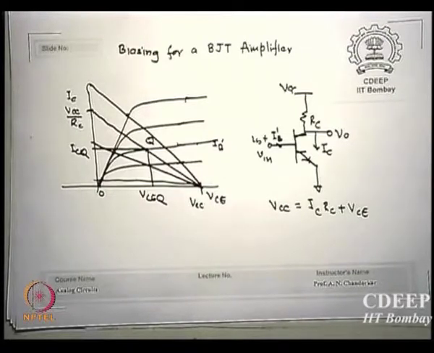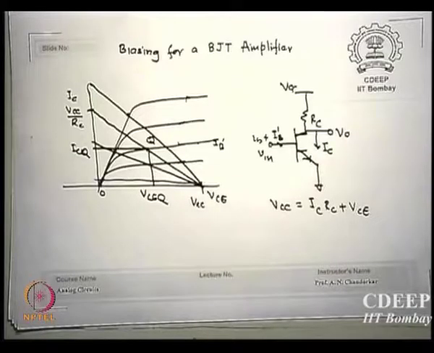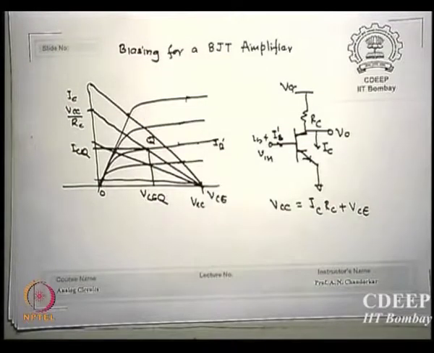So the choice of RC must be such that this VCEQ should be roughly, I should not say exactly, but roughly half of VCC. It need not be exactly VCC by 2, but if you keep VCEQ around VCC by 2, you are ensuring that for any value of ib, you will always remain in active mode.